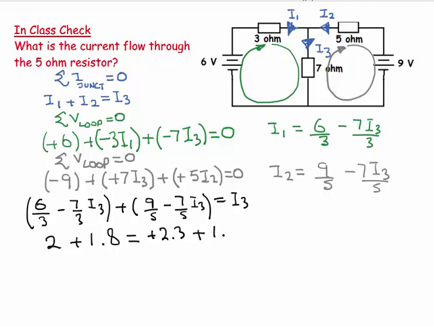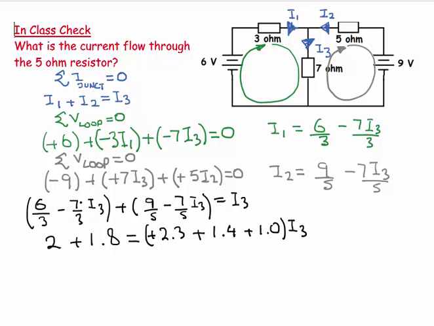So 7 over 5 is 5 over 5 and 2 over 5, 1.4, plus 1.0 I3.